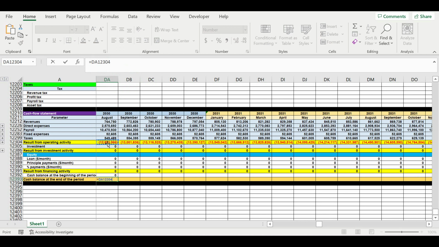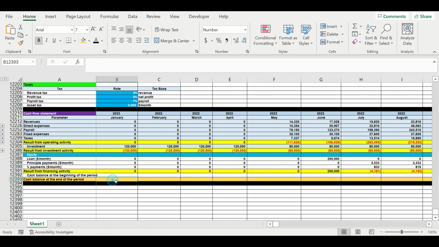So we are taking the result from operating activity plus the result from investment activity plus the result from financing activity plus cash balance at the beginning of the period. Then we move this value here, it becomes the beginning balance for the next month. Then we just copy this formula to the right, and then we extrapolate these formulas to the right again.